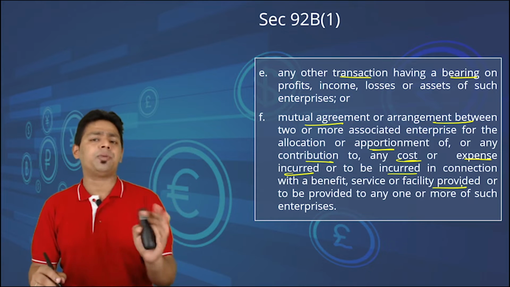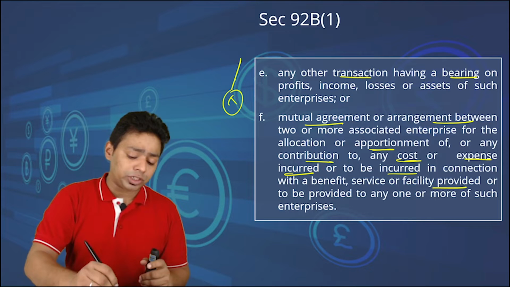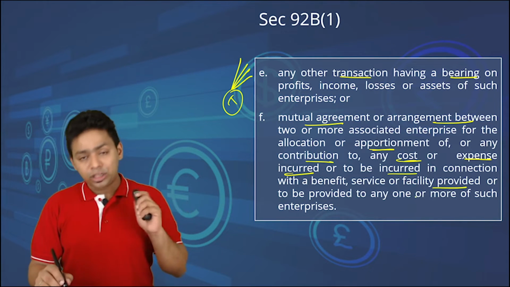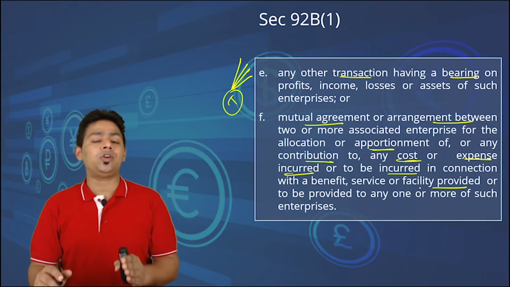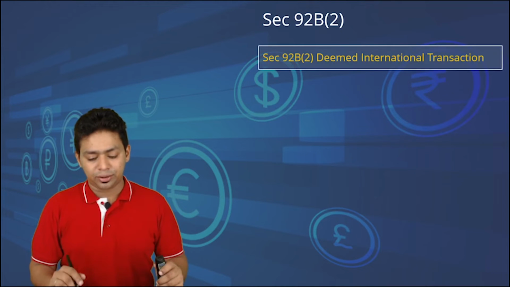Meaning thereby, any type of transaction. The definition of transaction is so wide that it covers all possible thinkable transactions, my dear friend. So what is the most important aspect that you learned so far? There has to be involvement of either one non-resident or both of the parties being non-resident.